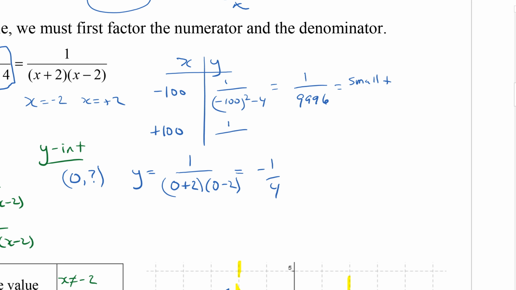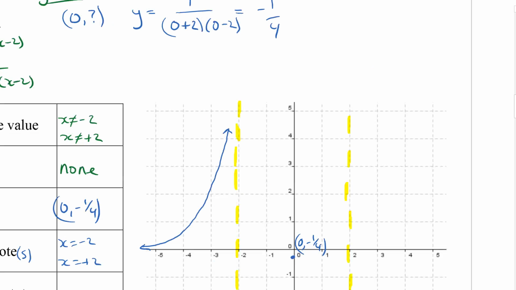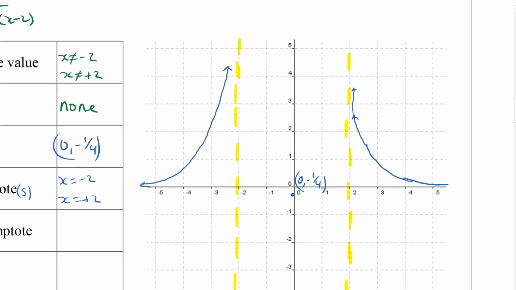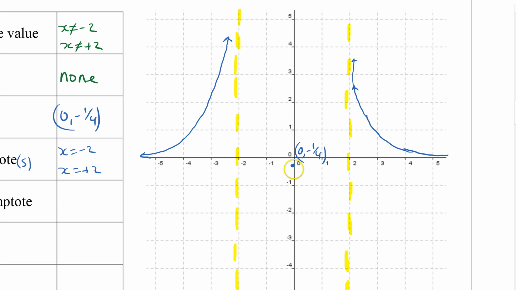I'll get 1 over a very large number, in this case 9996. So again it is equal to a small positive number. So as x gets very, very large, the y value gets closer and closer to 0. So it's also going to look like this. And it hits that asymptote and goes up like this. So these two sides look the same. And then all we've got to do is wonder what's going to be happening in the middle.